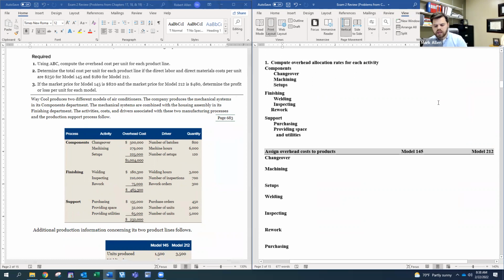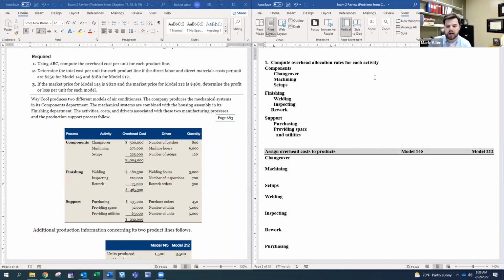Now, in this case, the hardest part of this question is actually the easiest. And you say, well, that doesn't make any sense, Mr. Allen. What does that mean? And what I mean here is, the most challenging part of this question, in my opinion, is just not making a silly typo at the beginning. Because what you'll find is that if you were to make some mistake here at the very beginning, or as you're getting these activity rates, then it's going to impact you all the way through the entire problem.